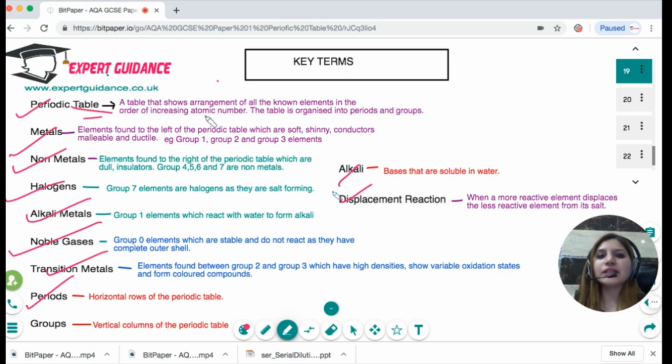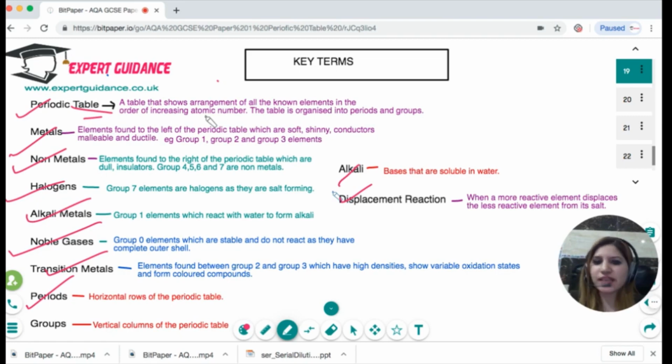And the table is organized into periods and groups. Metals are the elements found on the left of the periodic table, which are sharp, shiny, conductors, malleable, and ductile. Example, group 1, 2, and group 3. Non-metals are the elements found to the right of the periodic table, which are dull, insulators. Example, group 4, 5, 6, and 7.